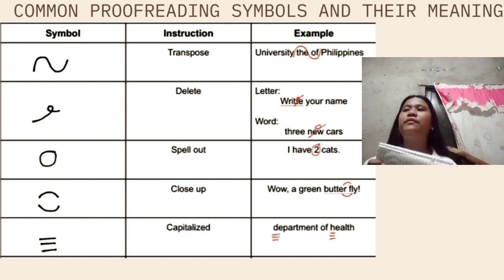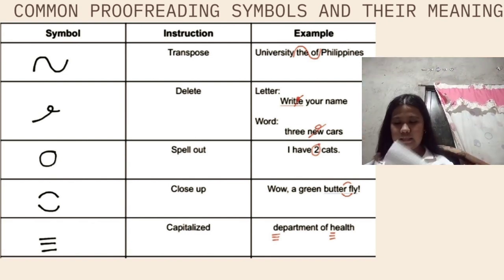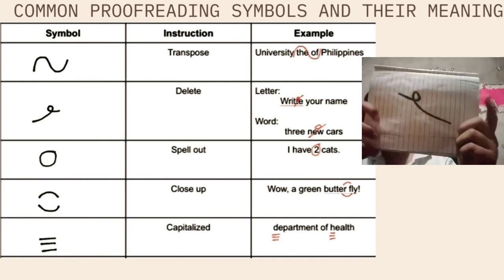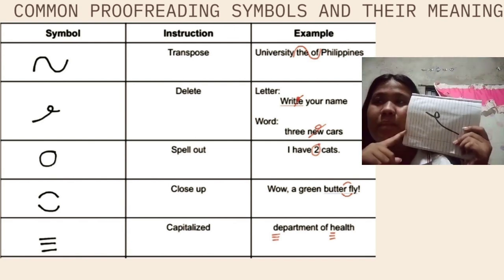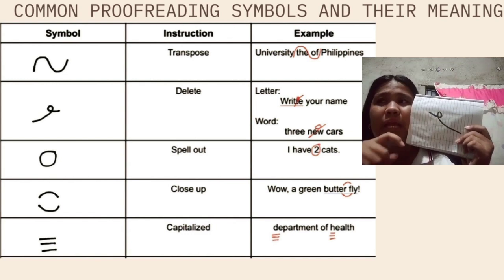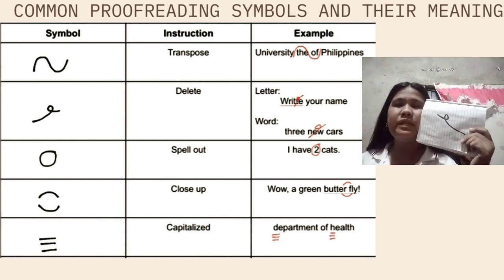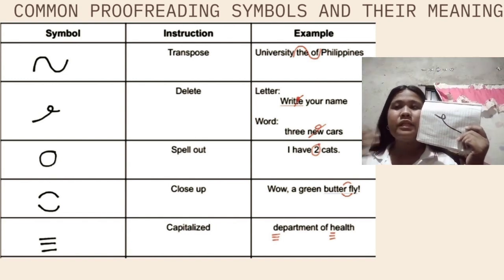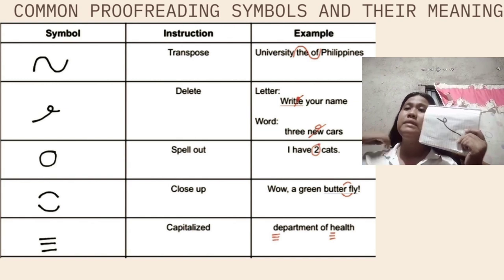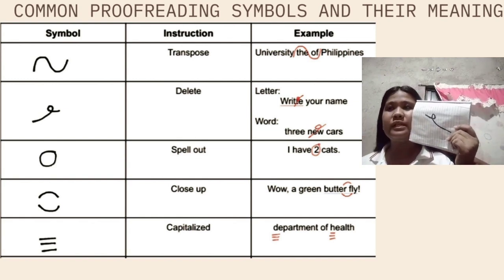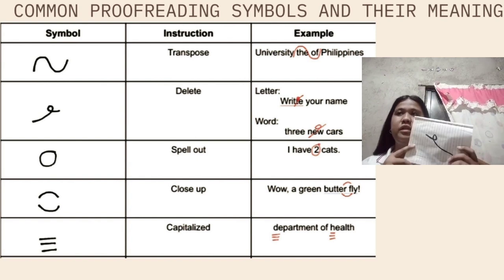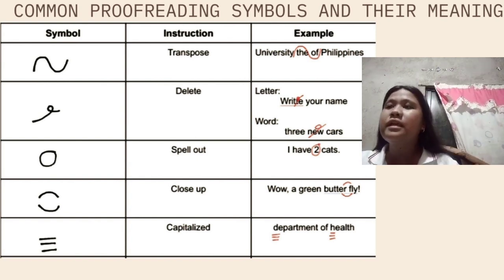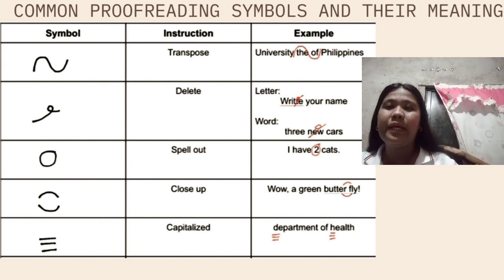Next we have the delete symbol, which is this one. You can use this symbol to delete a letter, specifically for misspelled words, and you can also use it to delete a word. For the first example, "write your name."